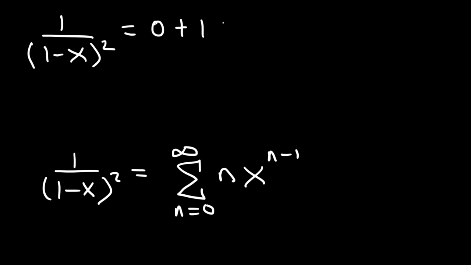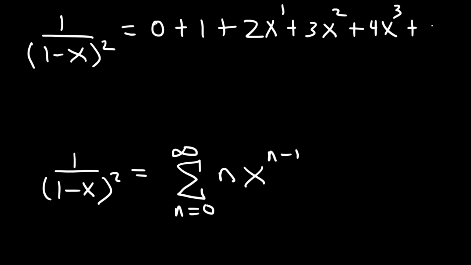And then when n is 2, it's going to be 2x to the 2 minus 1, or basically 2x to the first power. And then when n is 3, it's going to be 3x squared. And then the next one is 4x cubed. And then you can see the pattern. After that, it's 5x to the 4th and so forth.